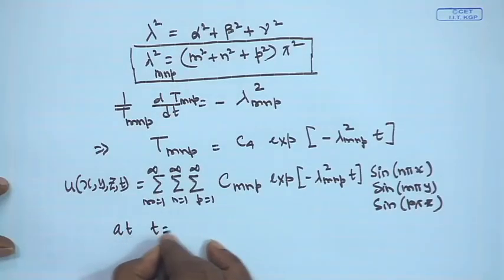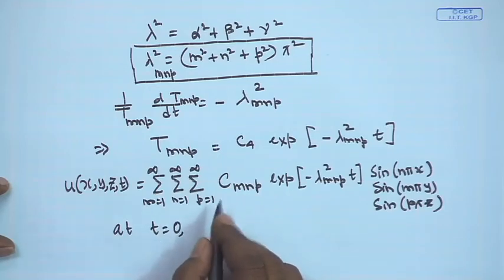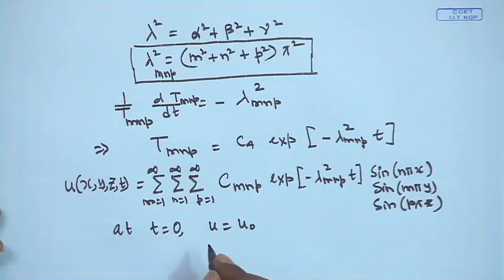Only one constant C_mnp has to be evaluated. This constant has to be evaluated from the unused initial condition of the original problem, that at t equal to 0, u is equal to u naught. So, utilizing the non-homogeneous initial condition at t equal to 0, u equal to u naught, we will be able to evaluate the constant C_mnp.